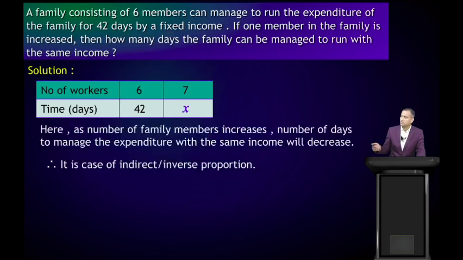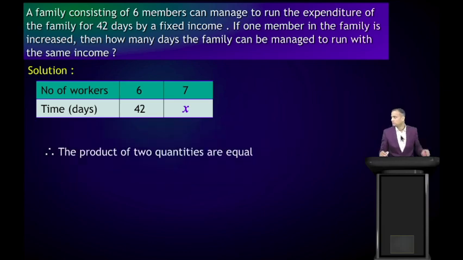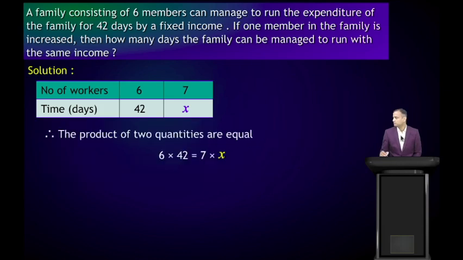Again here, as the number of family members increases, the number of days to manage the expenditure with the same income will decrease. So again it is the case of indirect or inverse proportion. And again the product of two quantities is equal, so it is 6 into 42 equals 7 into x.